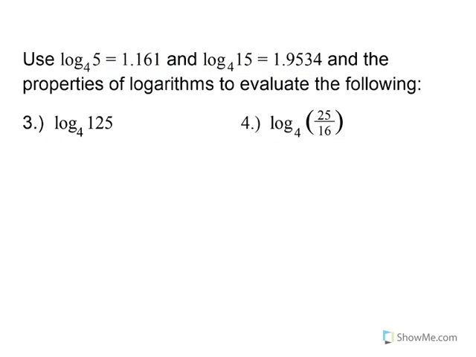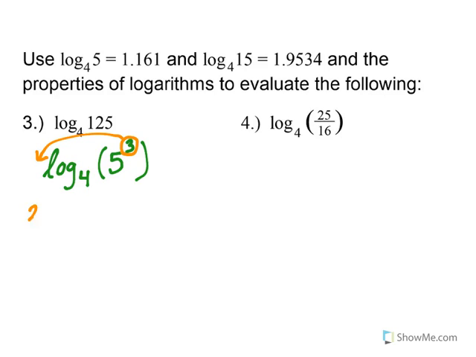All right, for this third problem, again, we have the same two values up at the top. We've got to figure out how to get to 125. Well, 125 is 5 times 5 times 5. So I can rewrite this as log base 4 of 5 to the third power, because 5 to the third power is 125. And that third property, we'll call it the power property, says if there's an exponent inside, it can come out in front as a coefficient.